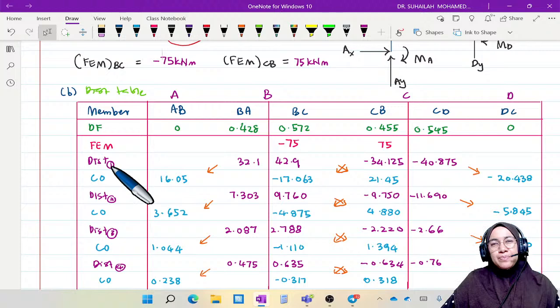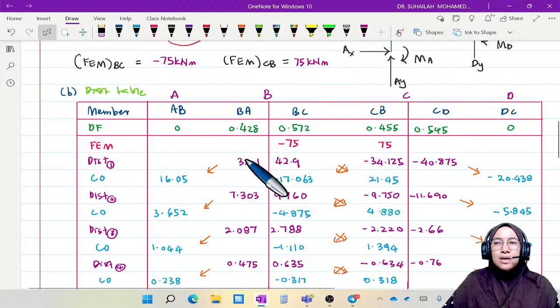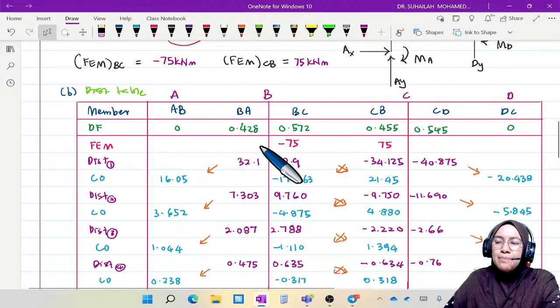So we find the distribution moment, which is the total moment at B. In this case, the total moment at B is 0 plus negative 75. We have to change sign because we need to represent the opposite condition.